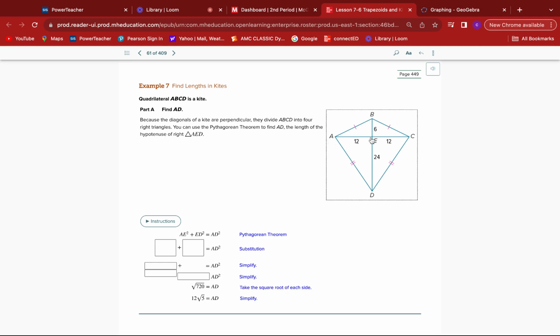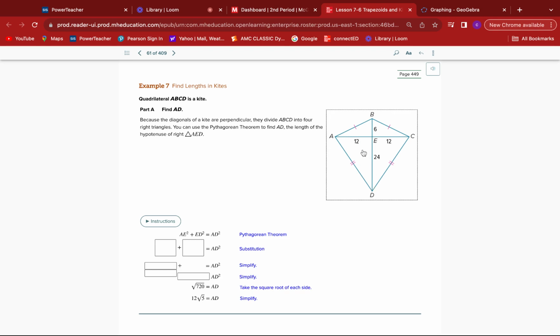What that means to you is that these four angles where E is, the intersection, are all 90-degree angles. And what that means is that this triangle, AED, is a right triangle. And you happen to have side AE is 12 and side ED is 24.